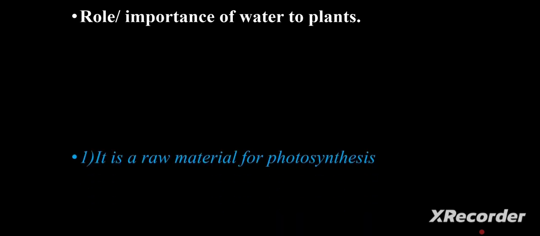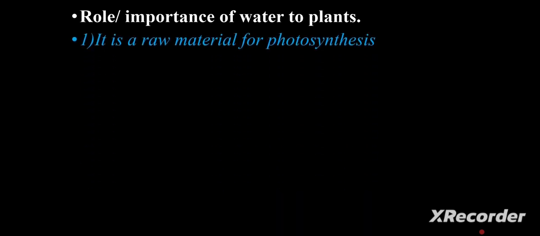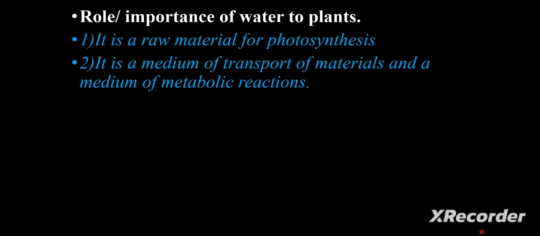So what is the importance of water? Number 1, water is a raw material for photosynthesis, the process by which food is manufactured. Number 2, it is a medium of transport of materials and a medium of metabolic reactions. Remember yesterday we said that the mineral salts available in the soil are transported in solution form, so water is very important to that process.